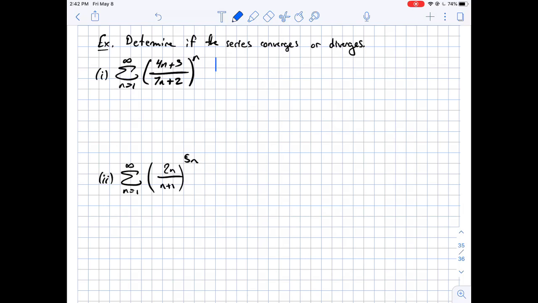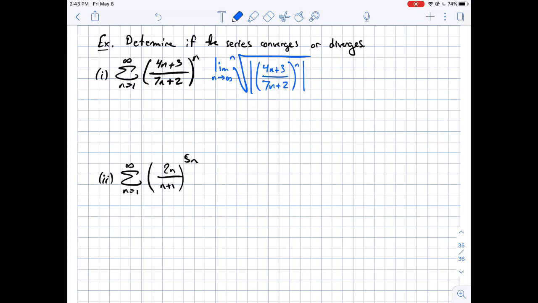So let's set ourselves up here. Let's take the limit of the nth root of the absolute value of a_n. You're going to see in a moment exactly why this is related in that way to the geometric series. The first thing is that we're going to cancel out the nth root with the nth exponent.